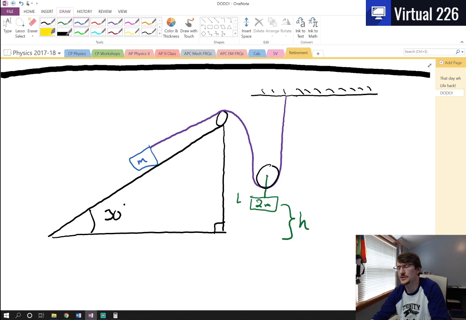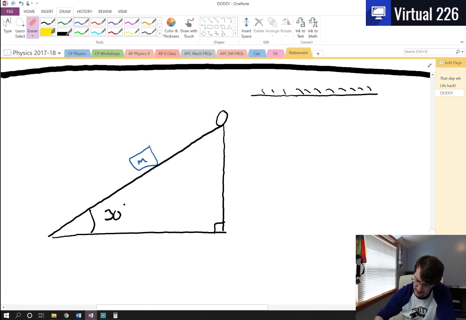Do we want the kinetic energy of the system or the kinetic energy of just one of the blocks? And am I assuming in the picture, oh man, this picture is annoying.